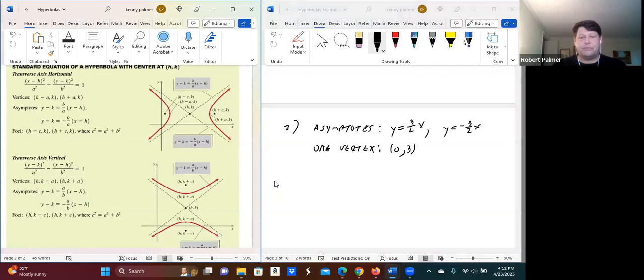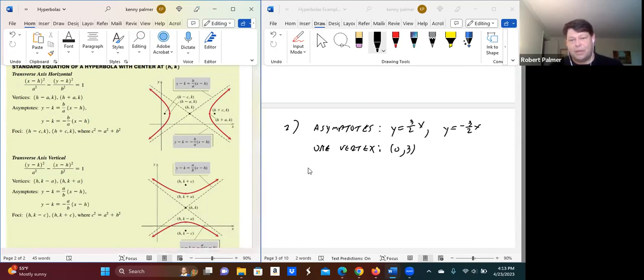Now, first off, we're not sure which way this hyperbola goes at the moment, at least from the asymptotes. But let's take a look at the equations of our asymptotes. You notice here all we have are just the y, the slope, and just the x. So we don't have any other constants anywhere else. What that tells us is that h and k, no matter which one we look at, are both 0.